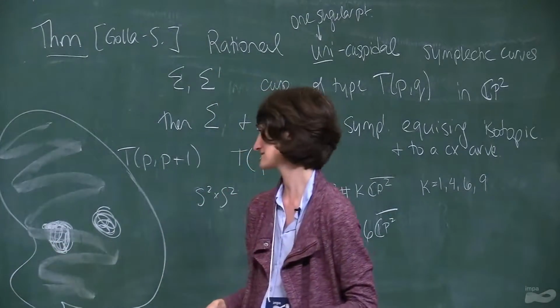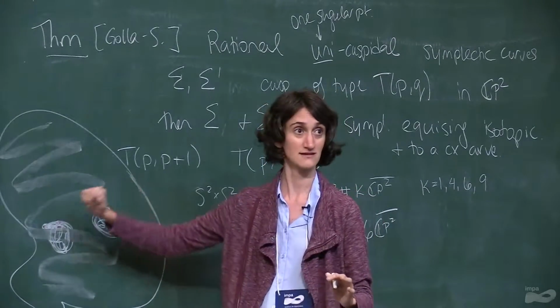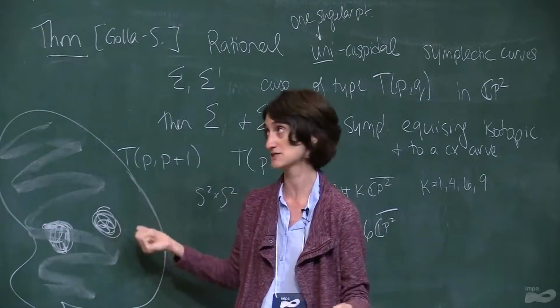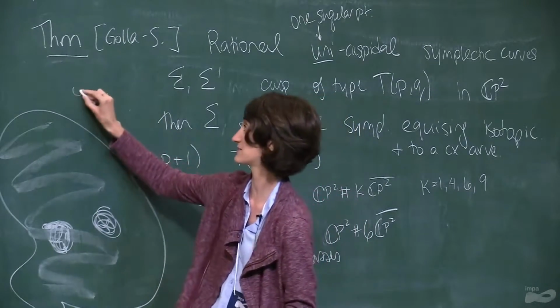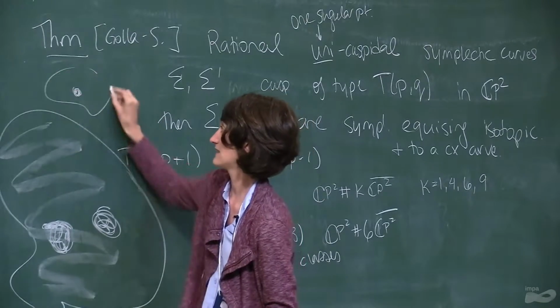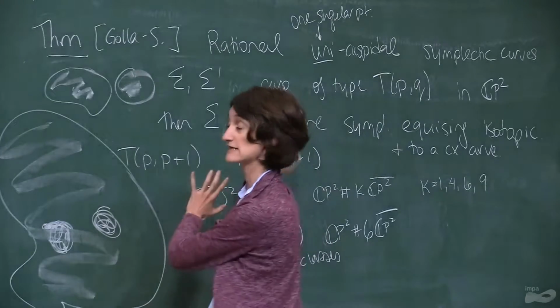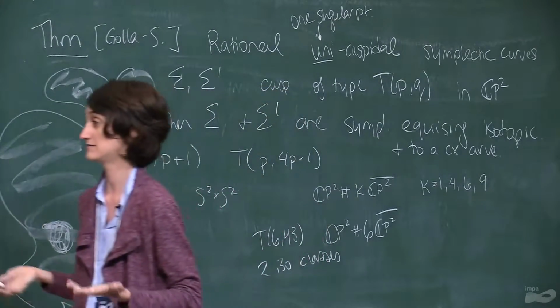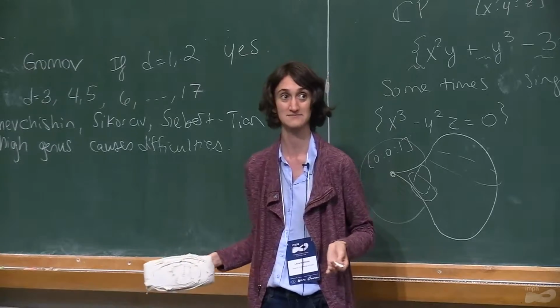And I think it's very interesting to ask, is that bridging two disconnected complex moduli spaces? Could the opposite happen? Could you have a connected complex moduli space and then two disconnected pieces of symplectic curves? That's ruled out here. Basically, everything about the topology of these spaces is interesting, and this is the very first question you can ask: is it connected?